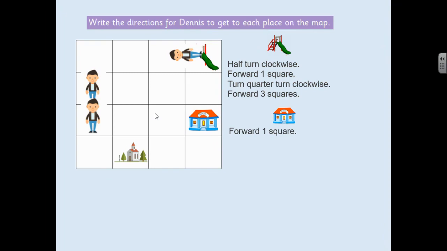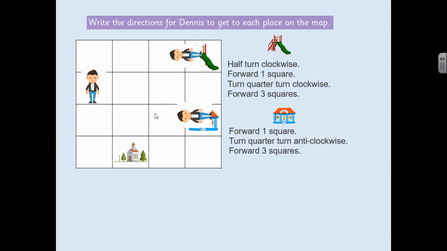When you're making a turn, you're still in the same square. So turn, quarter turn anti-clockwise. You can see he's turned anti-clockwise, in the opposite direction. And then he's walked forwards 3 squares.